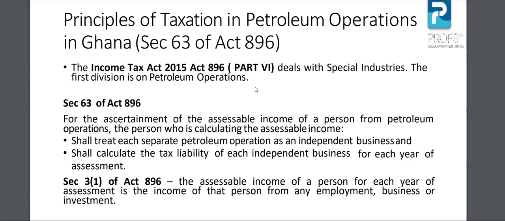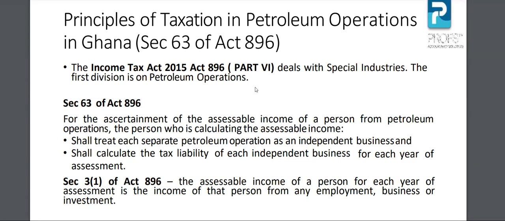Then again, in the upstream petroleum operations, the main phases, let's take out all the other phases, are exploration, development, and then production. And in each of the phases, there is likely a work program that needs to be followed. When you check the Model Petroleum Agreement, you begin to see the exploration work program, the development work program.